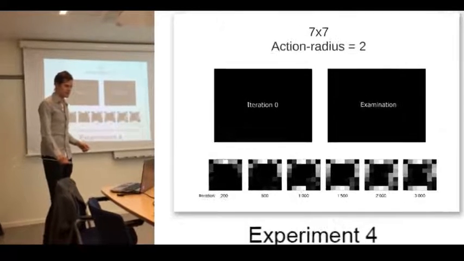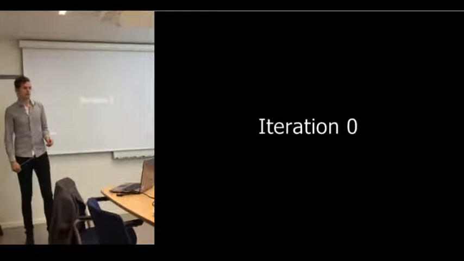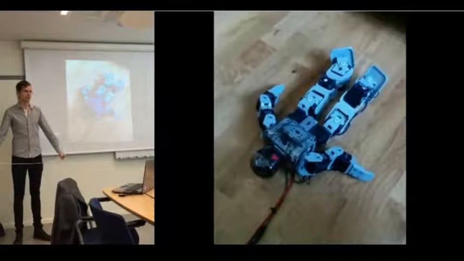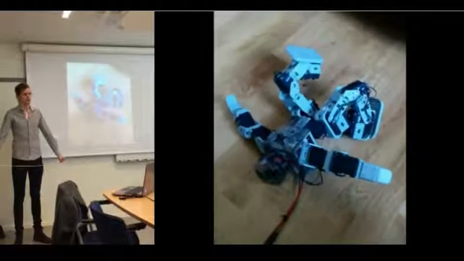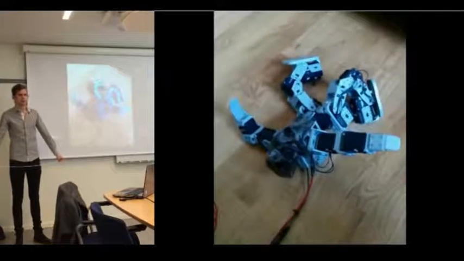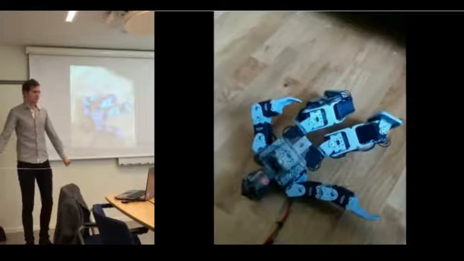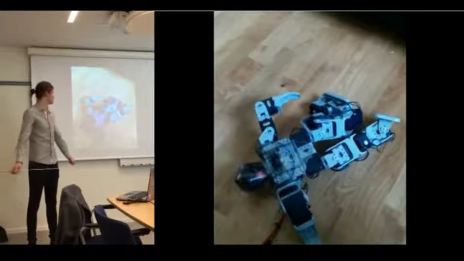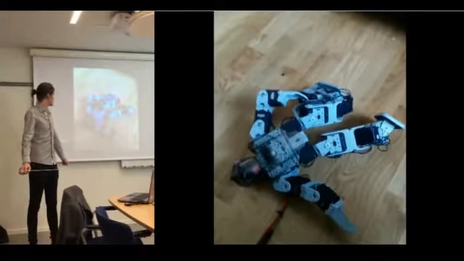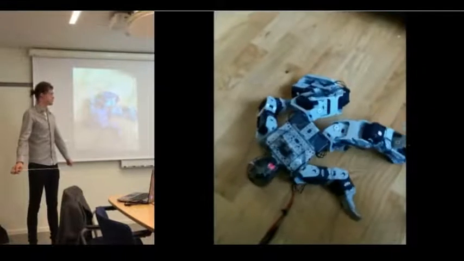So let's have a look at its training. So this is iteration 0. It is newborn. It knows nothing of what it looks like. So we just do random actions, basically. And every time it moves is 1 iteration.